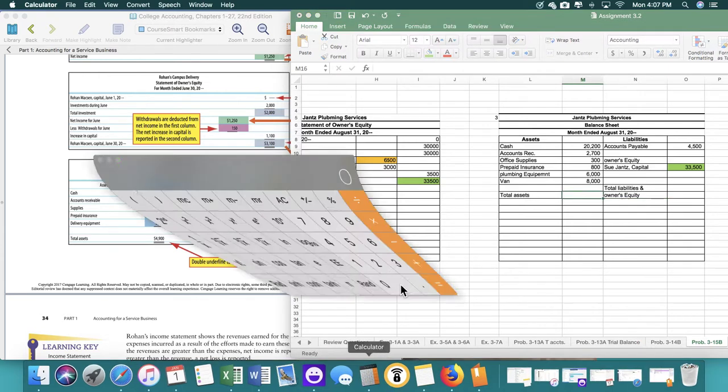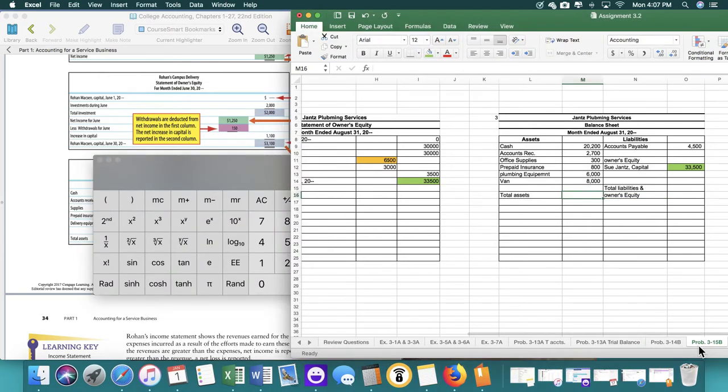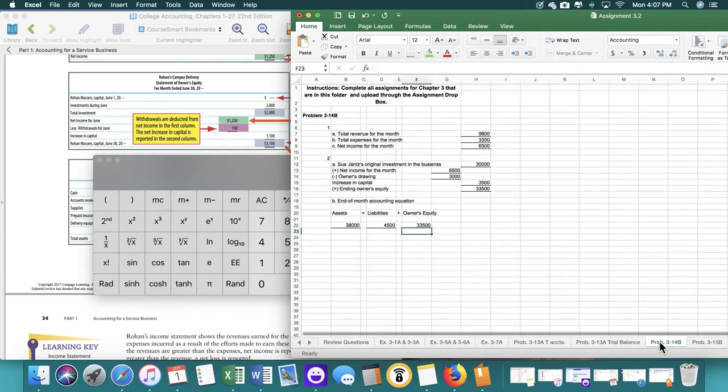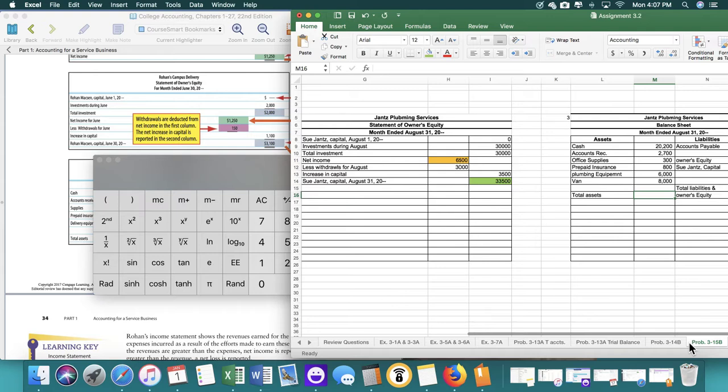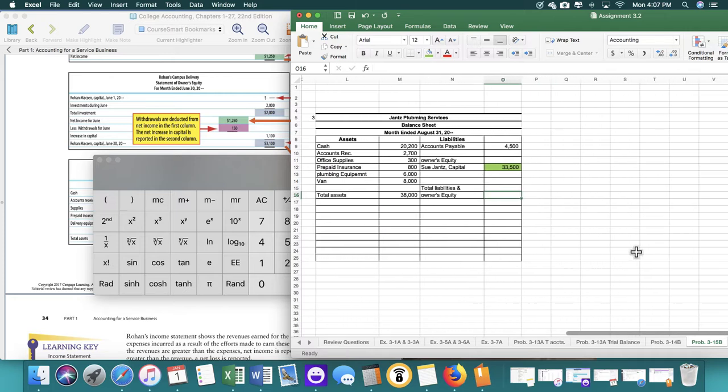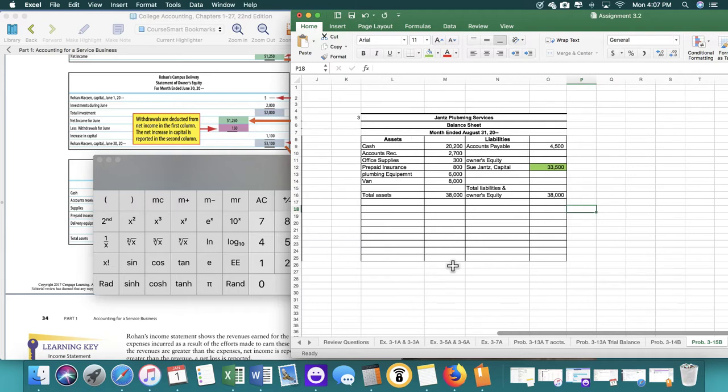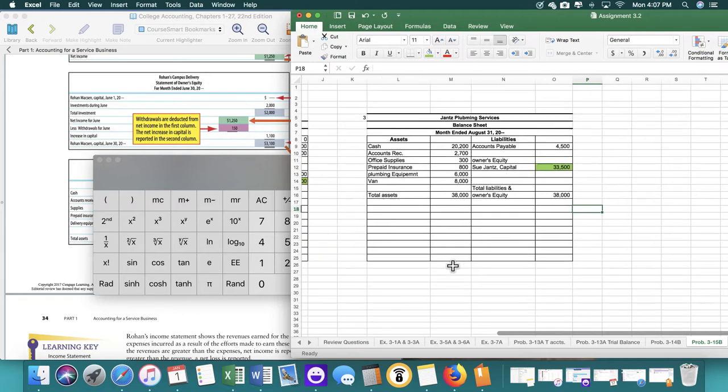So we're going to add up all of our assets, which we have already done, of 38,000. And that should still equal 4,500 plus 33,500 is 38,000. And so that is how you do 14 and 15. If you have any questions, let me know.